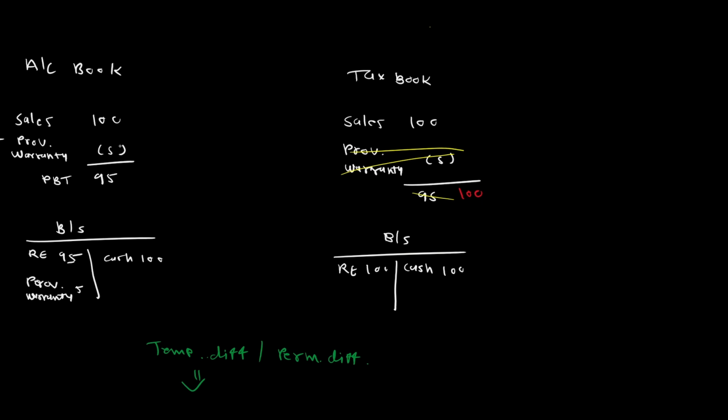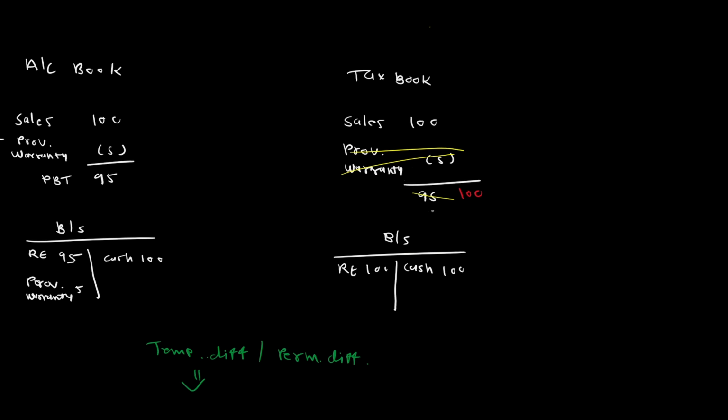That provisional liability is allowed in the accounts book, so my PBT will be 95. My balance sheet will be like this: retained earnings is 95, cash is 100, and provision liability is 5. When I try to show the provisional liability in the tax book, sales is 100, provisional liability is 5, my PBT is 95.